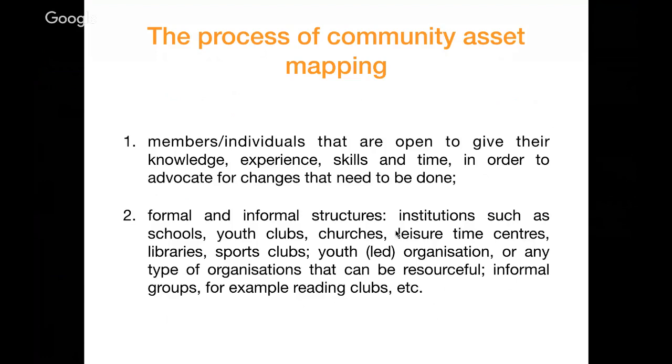Also, we have organizations, maybe youth-led organizations, or any type of organizations that can be resourceful for the assessed mapping process. And we also have the informal groups. Here we have an example, reading clubs. They can be whatever informal groups there are inside the community.